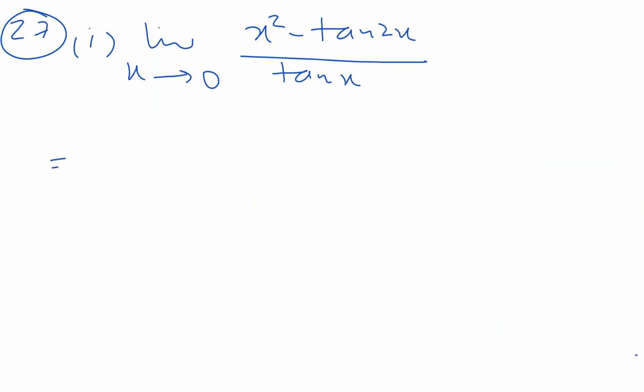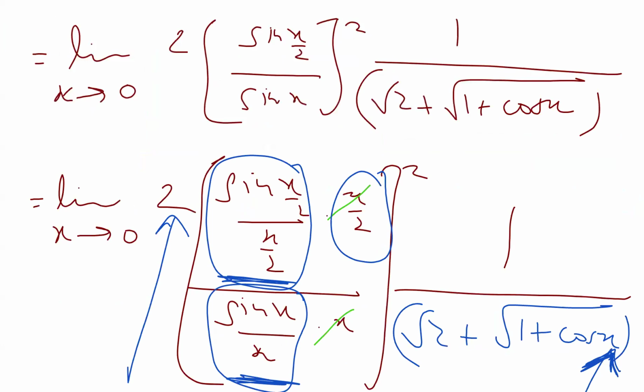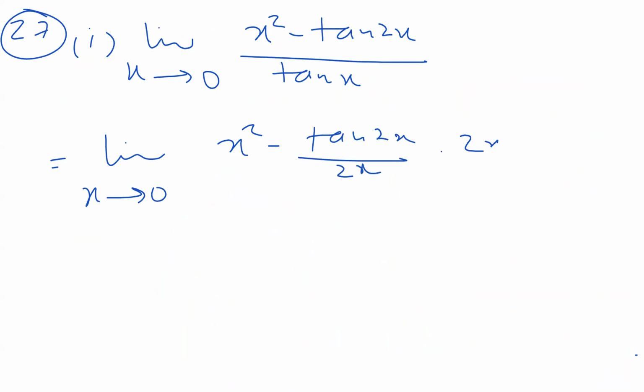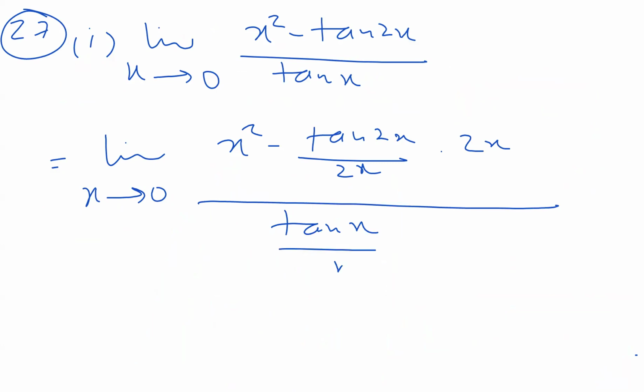Okay, and by the way, in the previous problem, when you apply this formula, you have to write this up as x approaches 0, x by 2 also approaches 0. Okay, so limit x approaches 0, x square minus tan 2x upon 2x into 2x, because the formula is for tan and sine. Down also divide by x multiply with x.